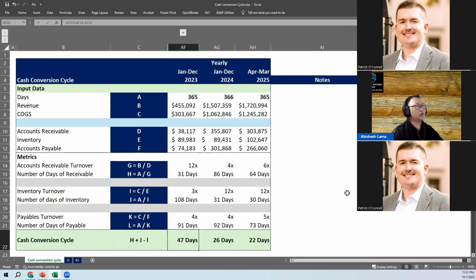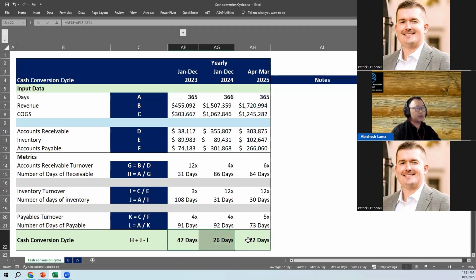So over here, it would be 31 days of receivable balance plus 108 days of inventory, subtracted by 91 days of payables. So we have arrived at 47 days for 2023, 26 days for 2024, and 22 days for 2025, the trailing 12 months 2025.